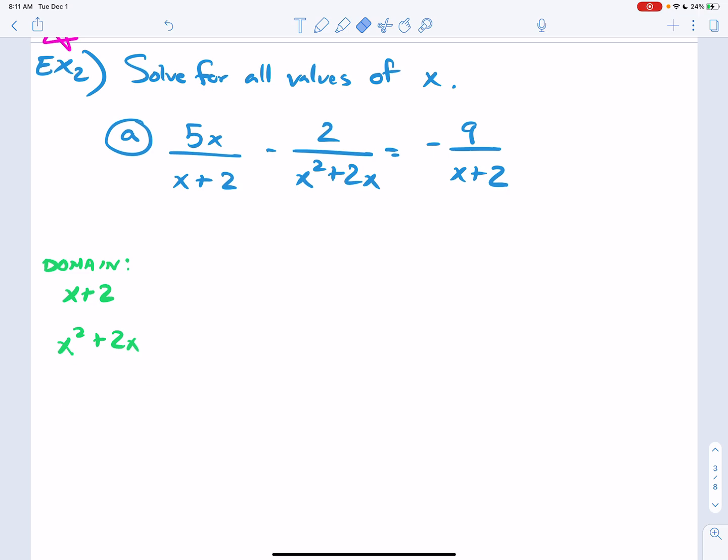We have to make sure, now let me write it side to side here, that x plus 2 does not come out to 0, and x squared plus 2x does not come out to 0. Now, here, we have to solve a little bit. We have to subtract 2 here. X cannot be negative 2. All right? Here is what's a little bit different.